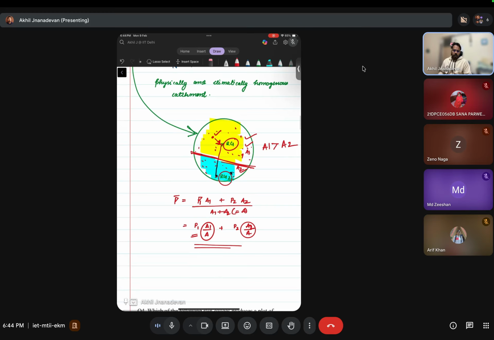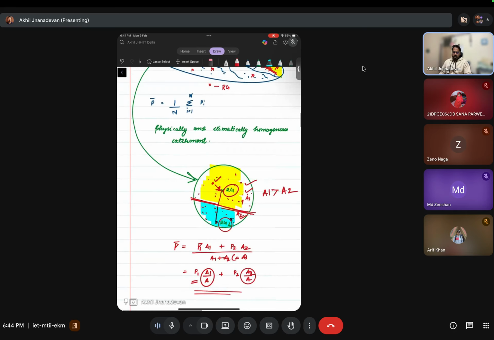But here the orographic effect is not taken into consideration. It only considers how much area each rain gauge covers and how close the gauges are within our catchment boundaries. If, for example, there is a mountain here, that orographic effect won't be taken into consideration.